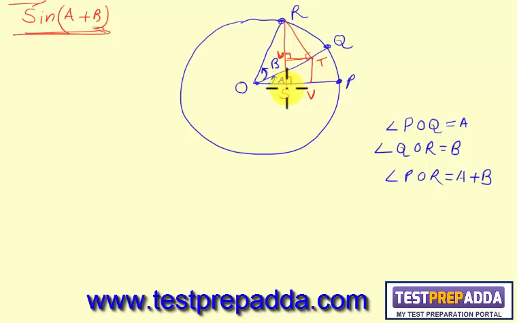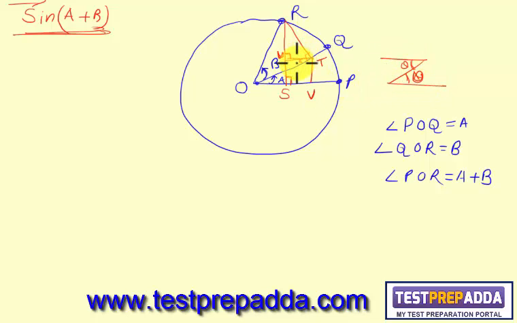Now I will talk about the angles. Please look at this and listen carefully. POQ is A. And since UT is parallel to OP or OV, if this angle is A, this angle will also be A. You must be aware of this theorem. If this angle is theta, this angle will also be theta, because two lines are parallel to each other.